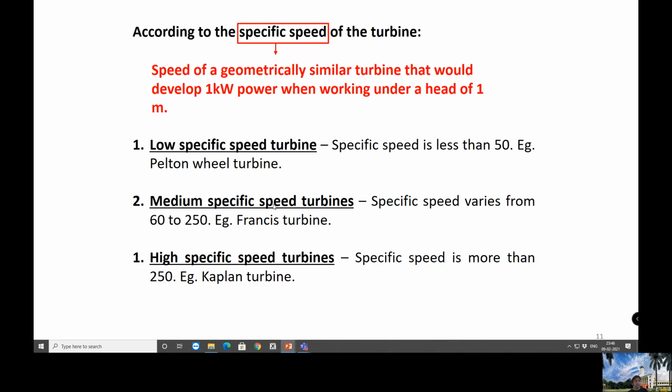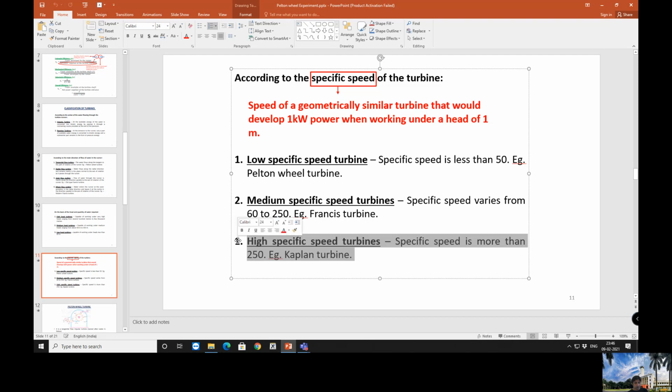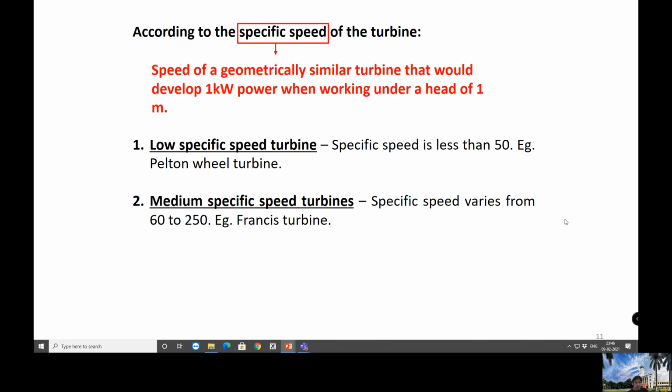The medium specific speed turbine, varying from 60 to 250, is the Francis turbine, and the high specific speed turbine is where the specific speed is more than 250. There's a problem in the numbering. It should have been 3 here. So the specific speed.